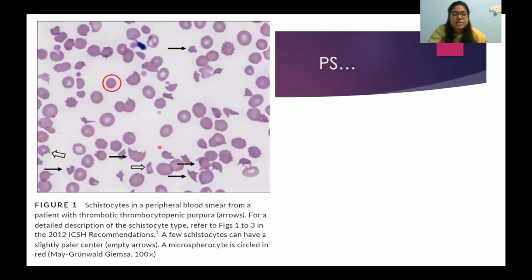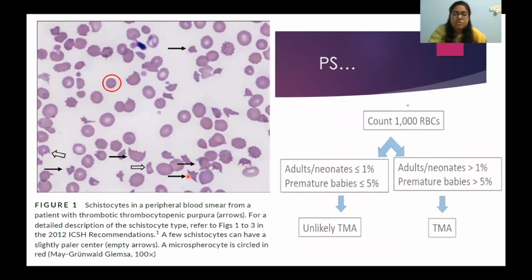Now this picture has been taken from the new ICSH guidelines and recommendations for schistocyte detection, where all this variety, be it microspherocytes, be it helmet cells, be it keratocyte-like cells, everything is considered as a part of schistocytes. Okay, so what are the cutoff levels for diagnosing TMA, or thrombotic microangiopathy?